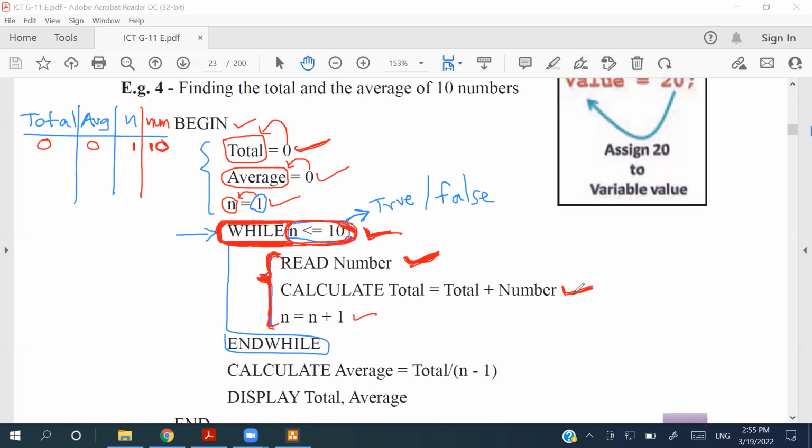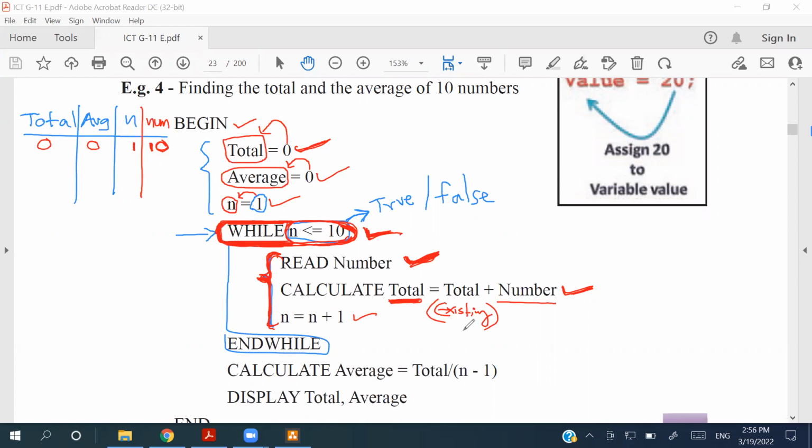It means add the number to the existing total, and assign the total variable that new value.